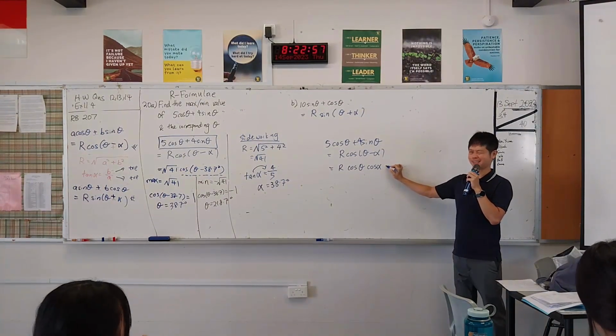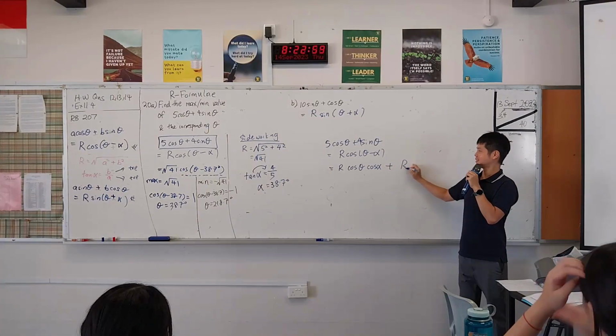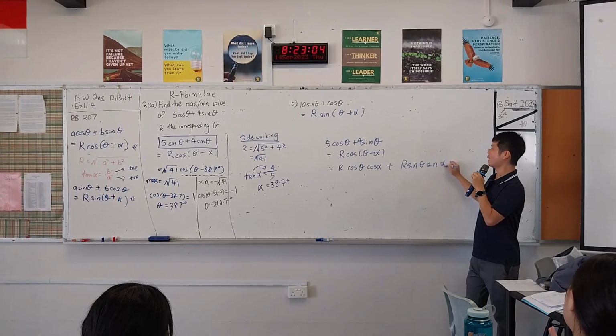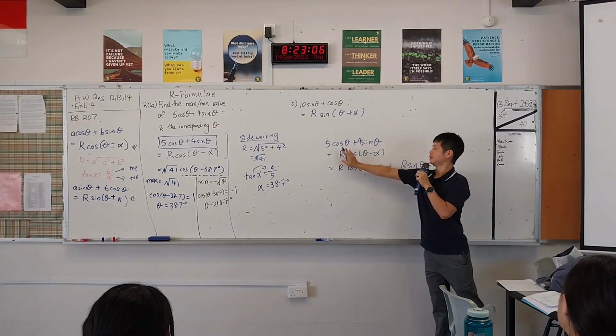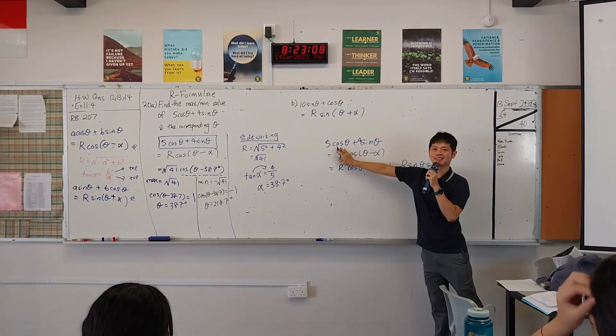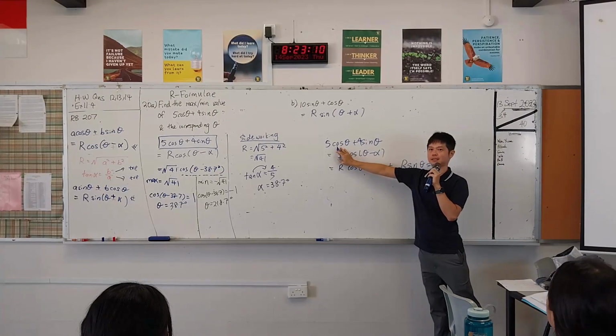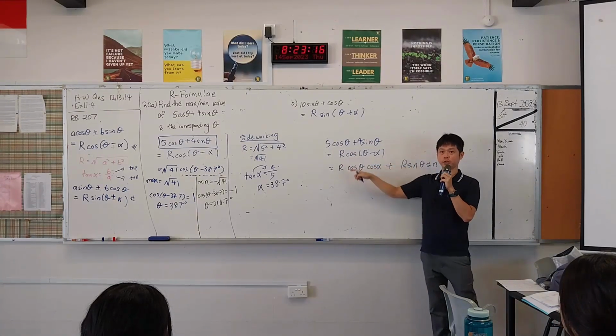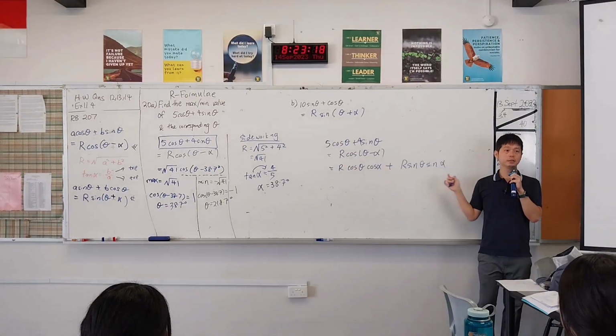Hey, don't make that mistake. Plus sine. Oh, why is there R here? Because I need to multiply R. Sine, cosine, cosine, sine, cosine, cosine, sine, sine. So cosine, cosine, sine, sine. But I need to multiply R, right? So I need to multiply R here and multiply R here.